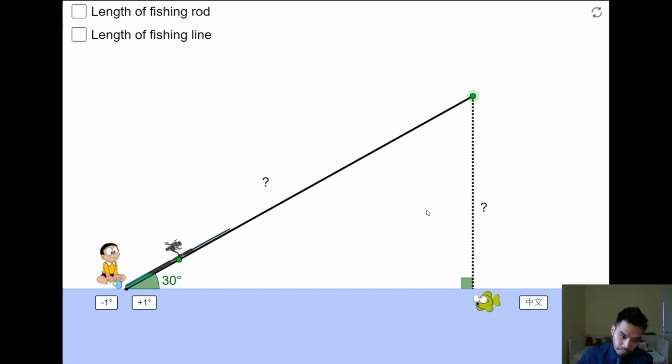Between triangle A, B, and C here, what's the relationship between the three of them? I hope you're going to say that they're all similar triangles, because they all have the same angles, 30, 90, and that last angle is forced to be 60 degrees because they have to add up to 180.